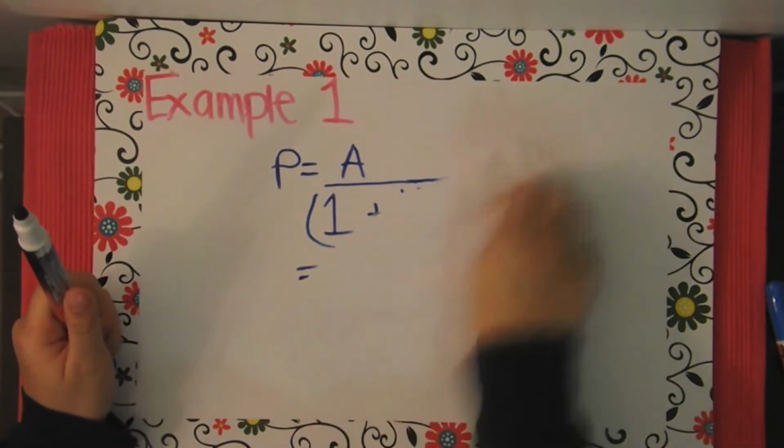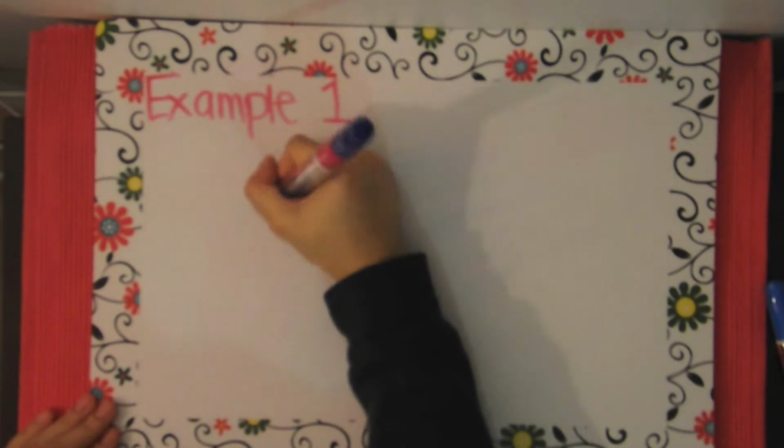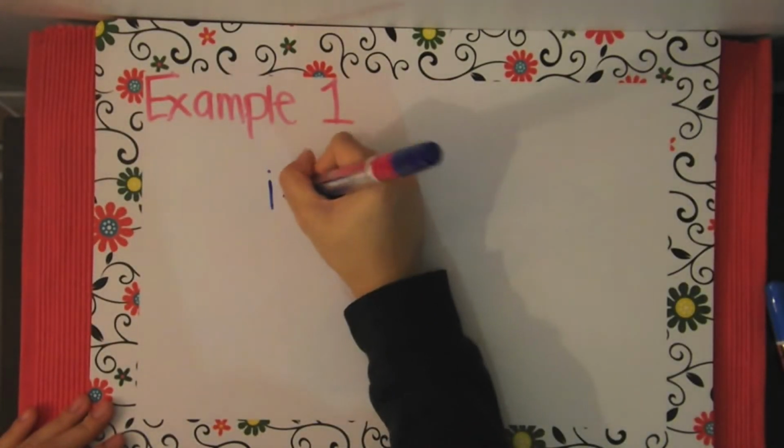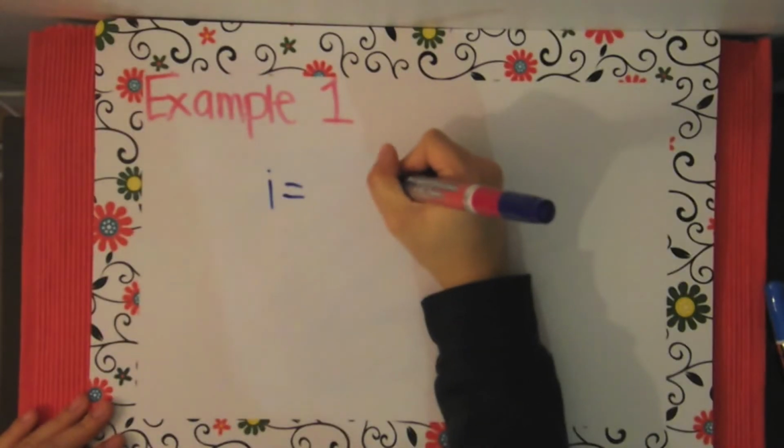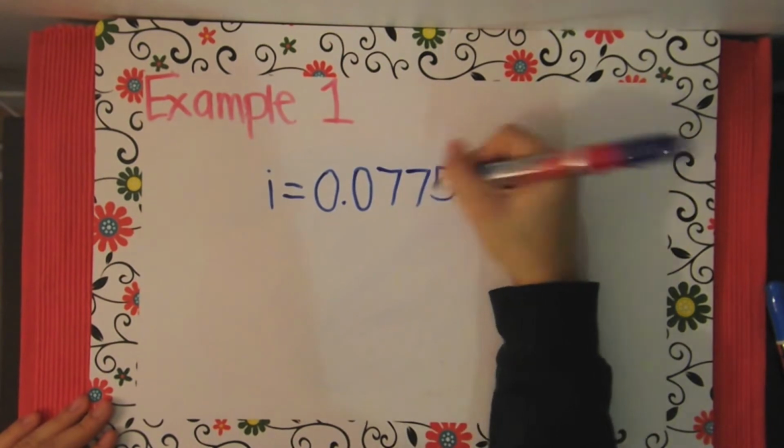Now we are going to calculate I, using the I equals R over N formula. The annual interest rate is 7 3/4%. We always want to convert percentages to decimals, and in this case it is 0.0775.